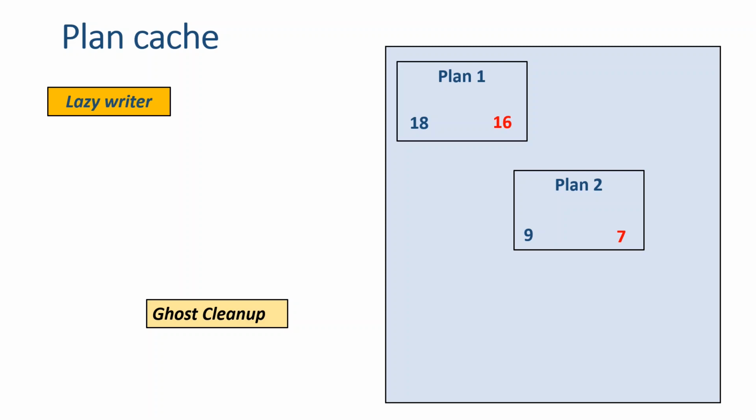In that scenario, the ghost cleanup will go ahead and push all these execution plans out of the cache. But if there is no memory pressure, the SQL Server will still keep these execution plans inside the cache, such that tomorrow some other user might come and use the same execution plan for his query. So that's how the ghost cleanup works.